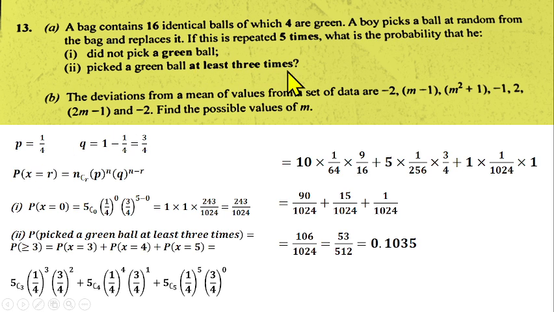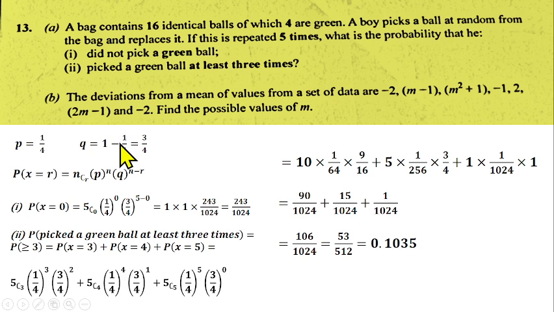Like I said, the question is from binomial distribution probability. In binomial distribution we need to get the probability of success and the probability of failure. We are told that there are four green balls there. If you pick one of the balls, that means the probability of success is 1/4. Then the probability of failure, q, will be 1 minus the probability of success, which gives us 3/4.